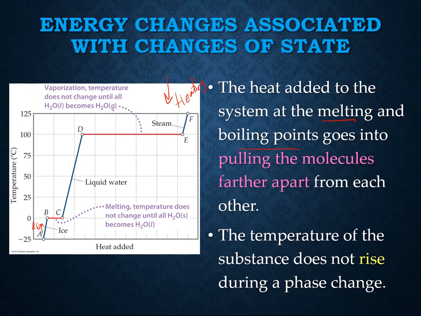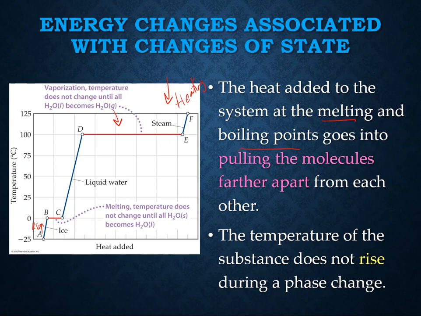And then when it finally gets up here to the vaporizing stage, that plateau is a lot wider, and it's a lot wider because it overcomes all of the forces, because technically a gas, if we're following the kinetic molecular theory, one of the assumptions is that gas particles do not have any attractive or repulsive forces. So overcoming all those forces takes a lot of energy, and that's why that plateau is going to be a lot higher.